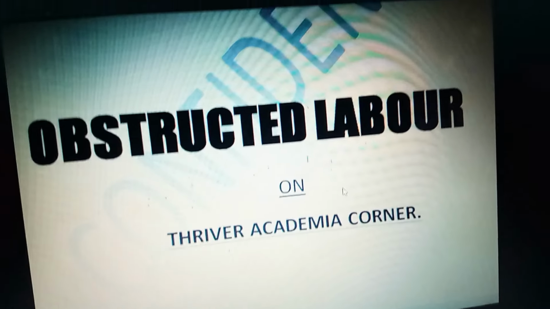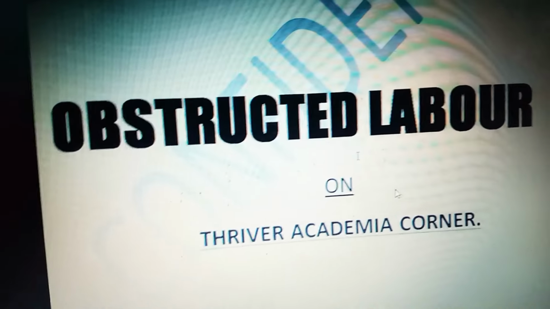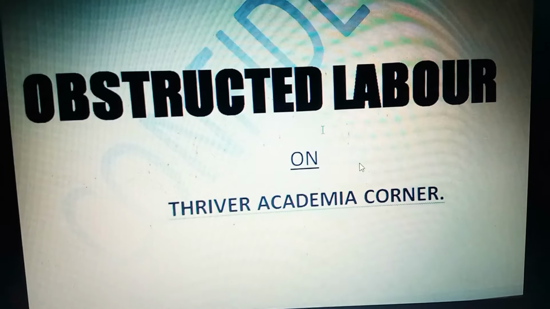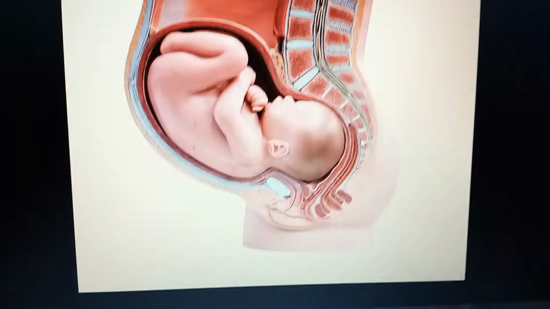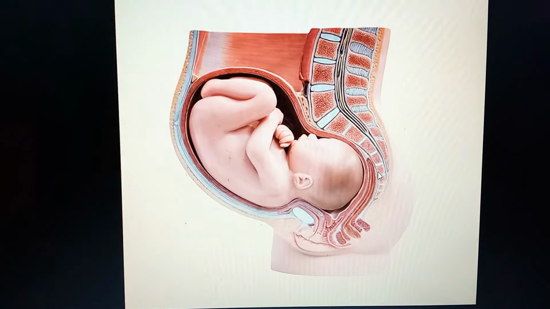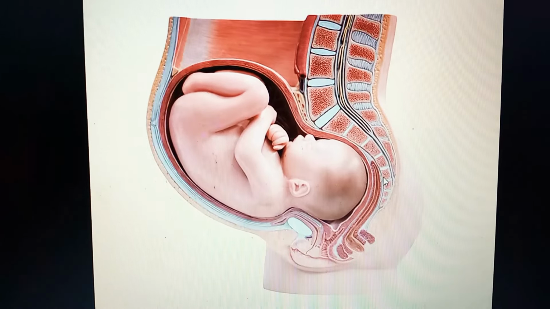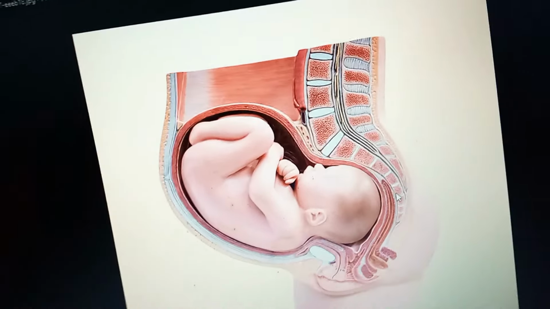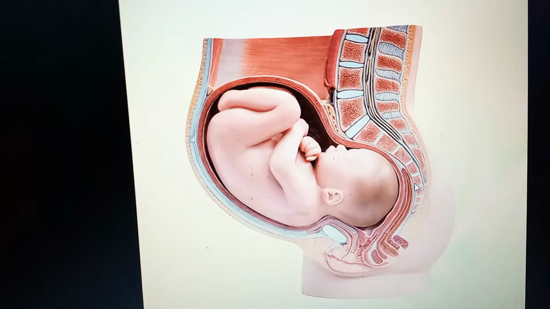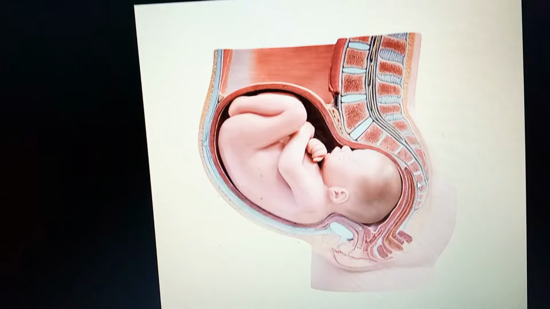So now let's talk about some of the complications of obstructed labor. What are the complications of obstructed labor? One, we can say there can be uterine rupture because of the continuous, strong uterine contractions.